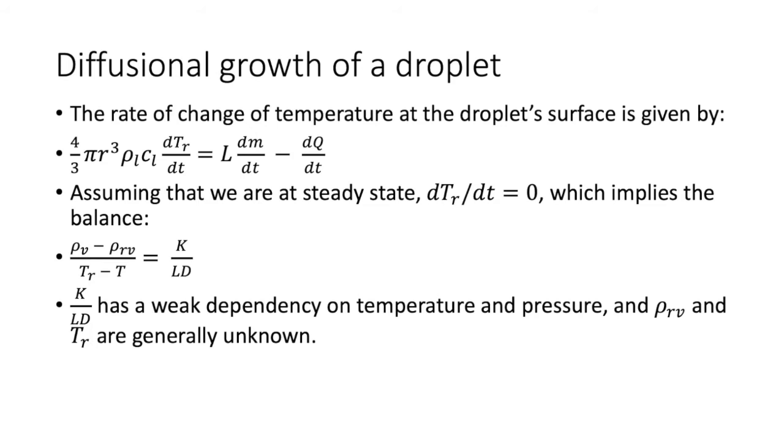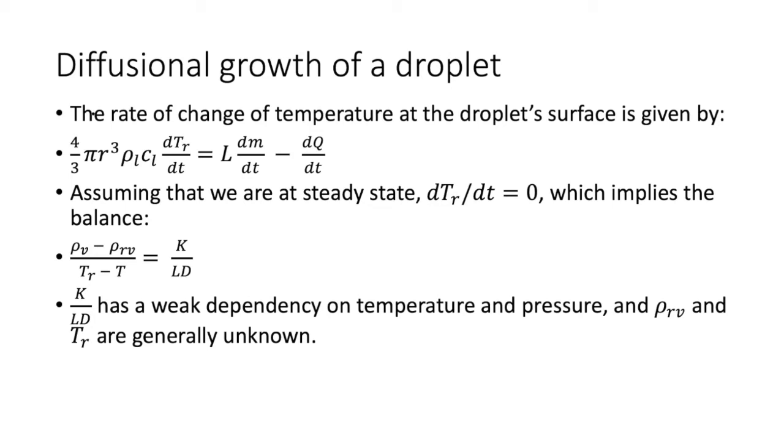Now, we can put everything together by conservation of energy. The fact that the droplet has a different temperature with respect to the environment is going to cause a dissipation of heat, okay, by diffusion.